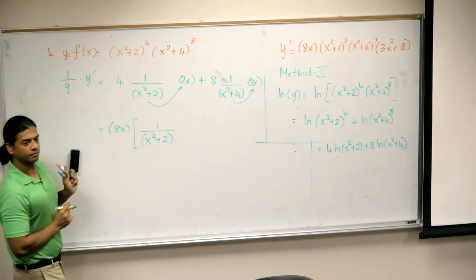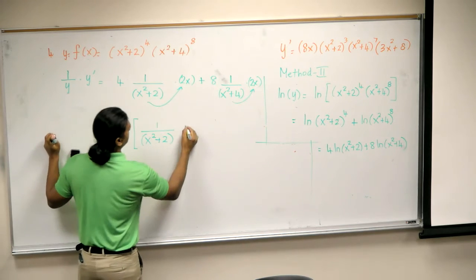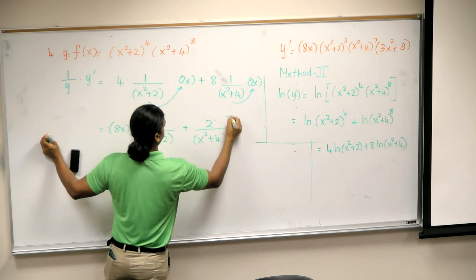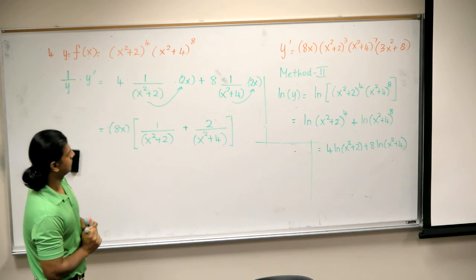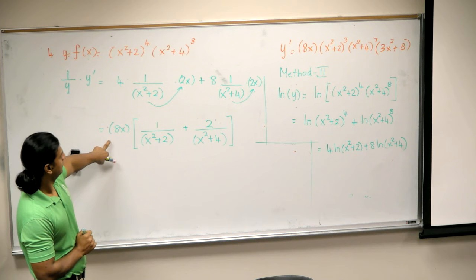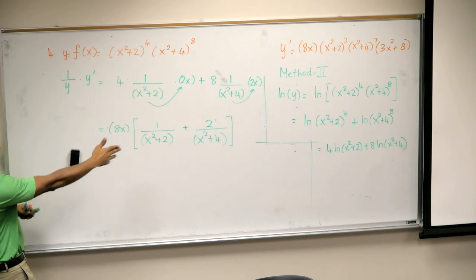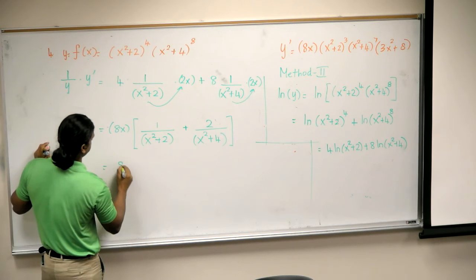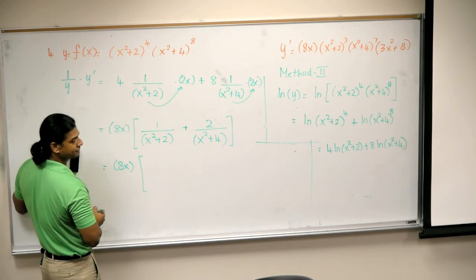That would leave us with 2 over x squared plus 2 and 4 over x squared plus 4, since I pulled out 4 times 2, not 8 times 2. So how do I combine those two? Common denominator. What is the common denominator? Both of them combined.